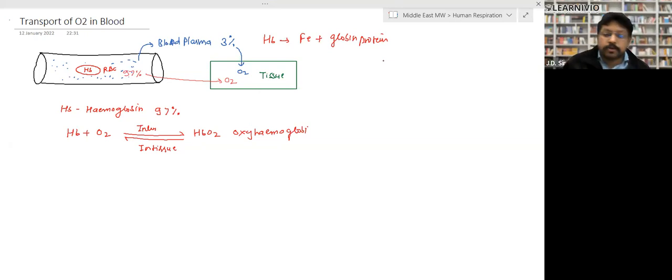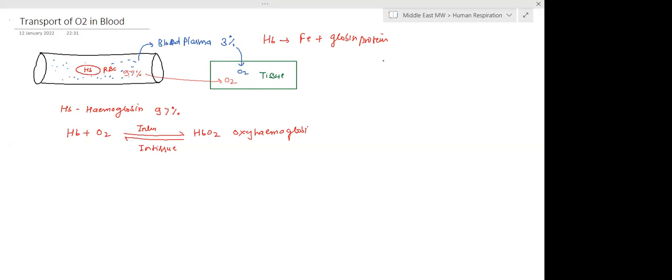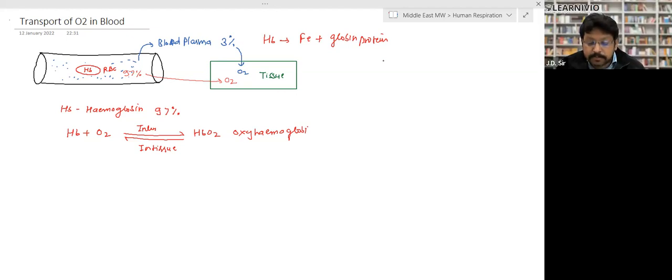About 3% of oxygen in the blood is dissolved in the plasma, which carries O2 to body cell or tissue. Full stop.